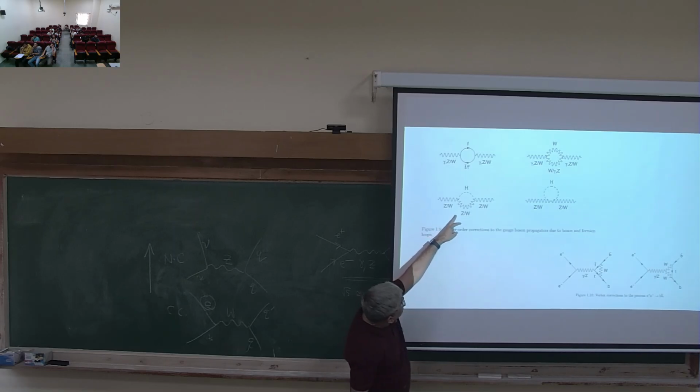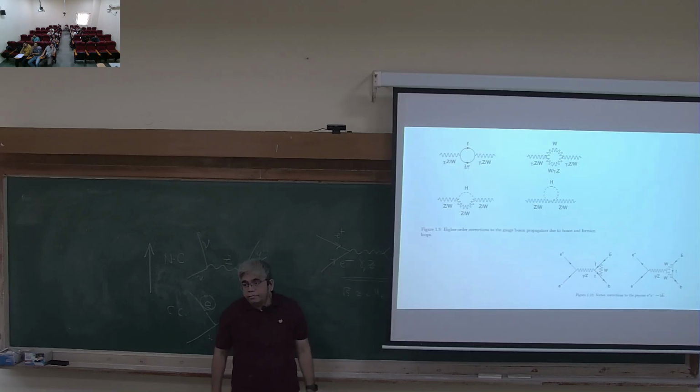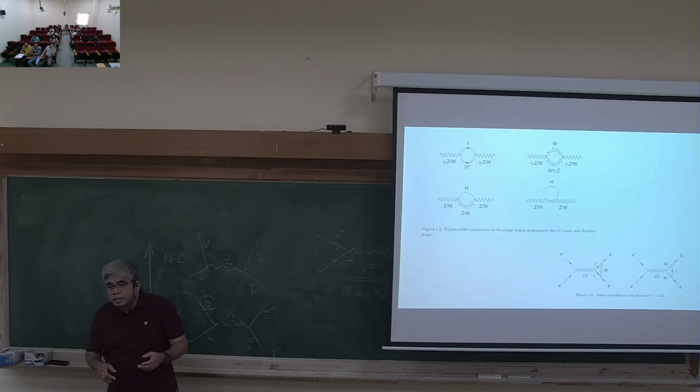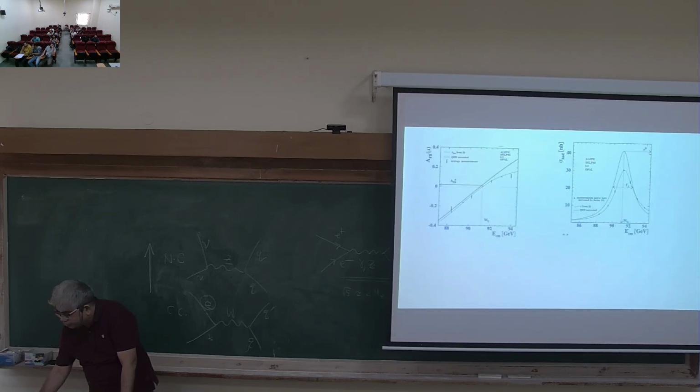So it is sensitive to these self-energy diagrams, which are measured at two different energy scales, one at the Z pole and also at Q squared equal to 0 essentially. We'll see.